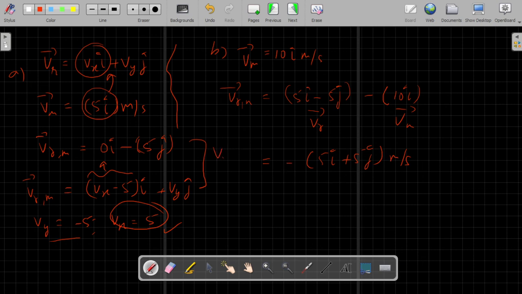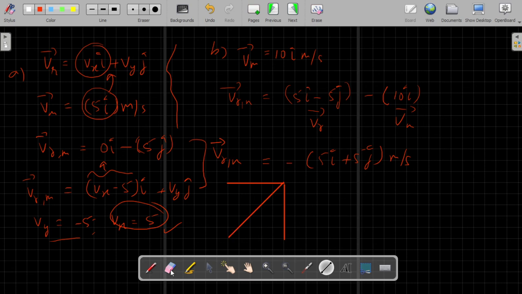So if you were to plot it, if we want to plot this particular value, how do we do it? Let us draw a line, and draw one more line. And we have to plot minus 5i plus 5j. As you can see, I have selected 5 units here, 5 units here, and we have to draw in the third quadrant.